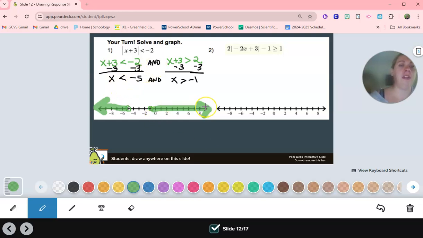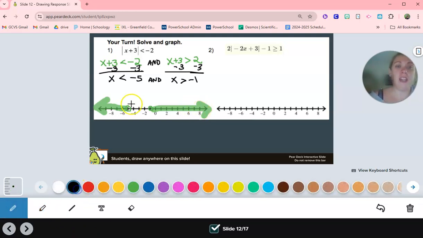Oh, and this one, when we look at this, we can't have something that is over on the left and over on the right. So this is actually a case, because it can't be in both parts of the arrows, so this is a case of no solution. And the reason we have no solution here is because it's saying that this absolute value is less than -2.